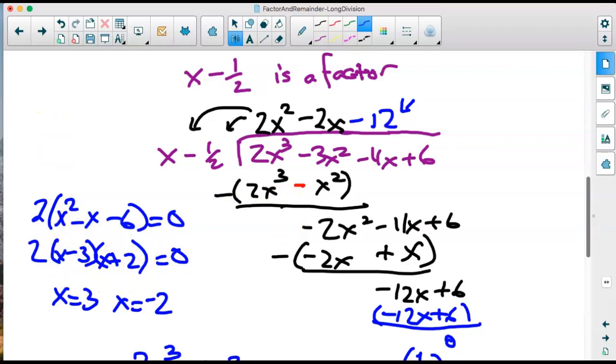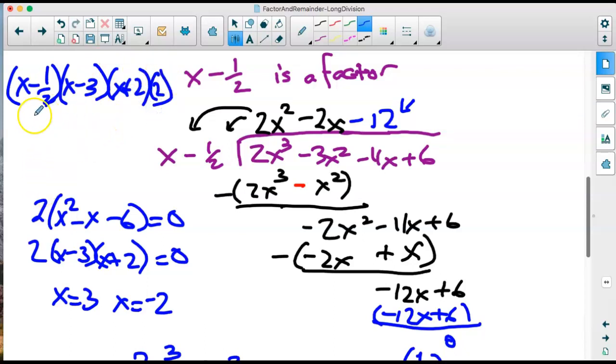I have all my factors listed right here. So my 3 factors are x minus 1/2, x minus 3, and x plus 2. And then we're going to multiply that by 2 because there's a factor of 2 there. So this is factored.